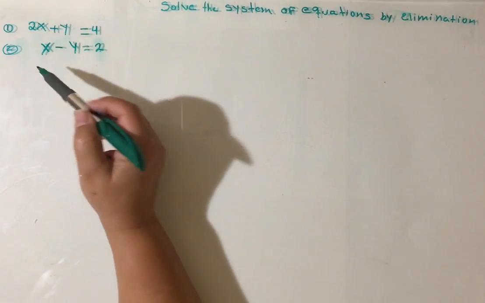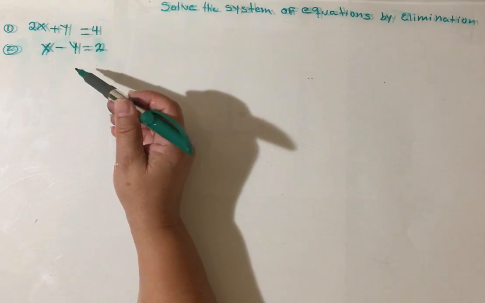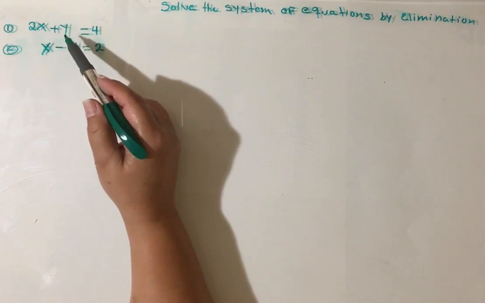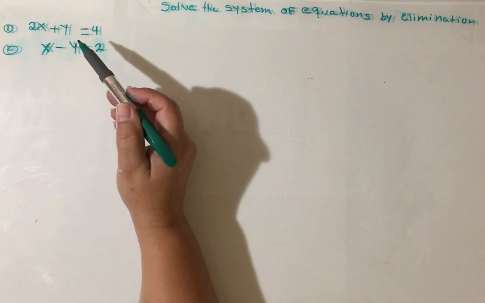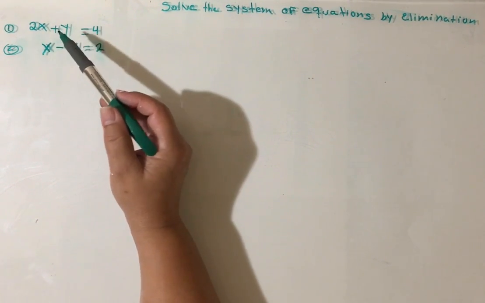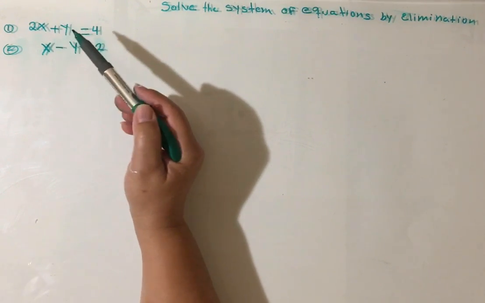And this is one of the easiest ways to solve this type of equations, because in this case they're giving us easy equations, right? Now the first thing that you want to look at is to see if you have a positive and a negative, and if the coefficients in both equations are the same.